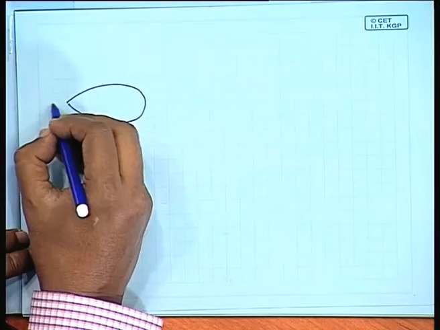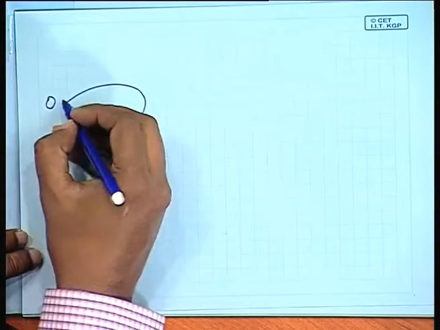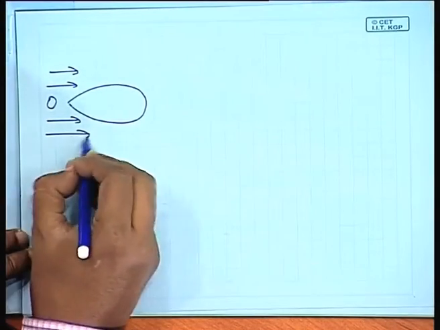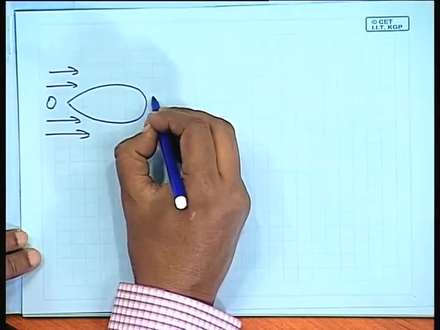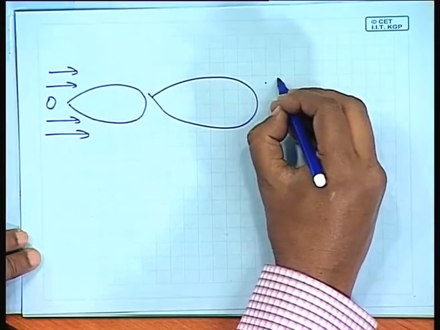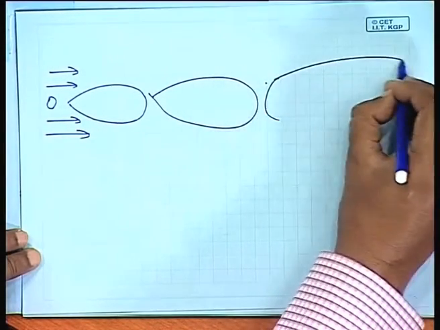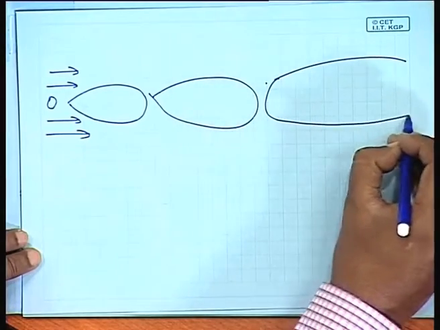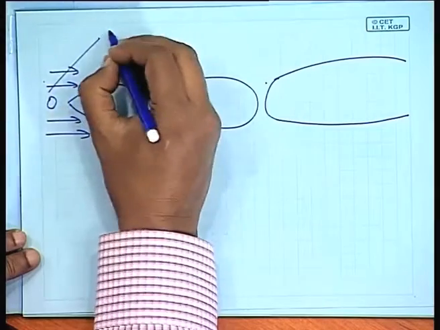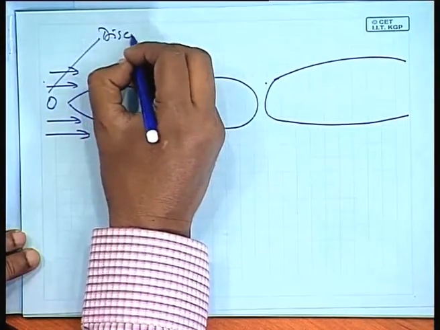This is starting from here, at the point flow. This is the flow direction. This would begin to expand like this, and then it would be more like this. This is a discontinuous, instantaneous flow.